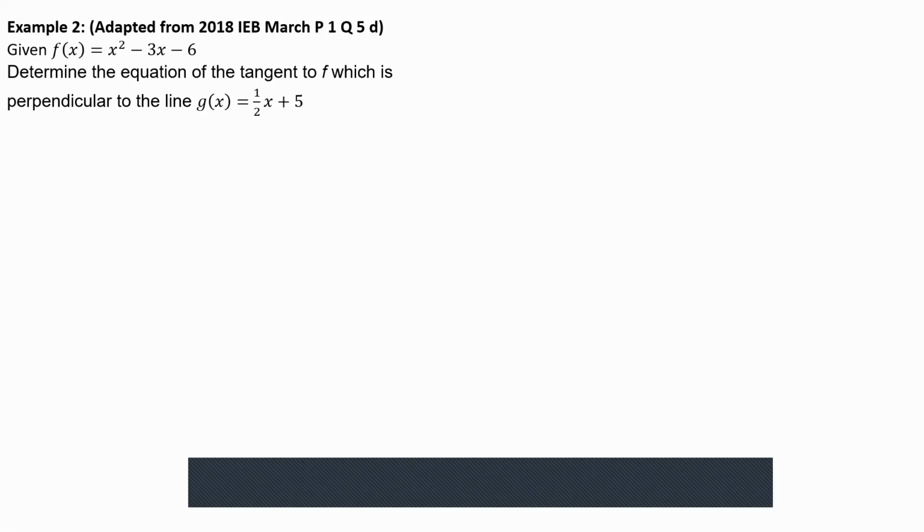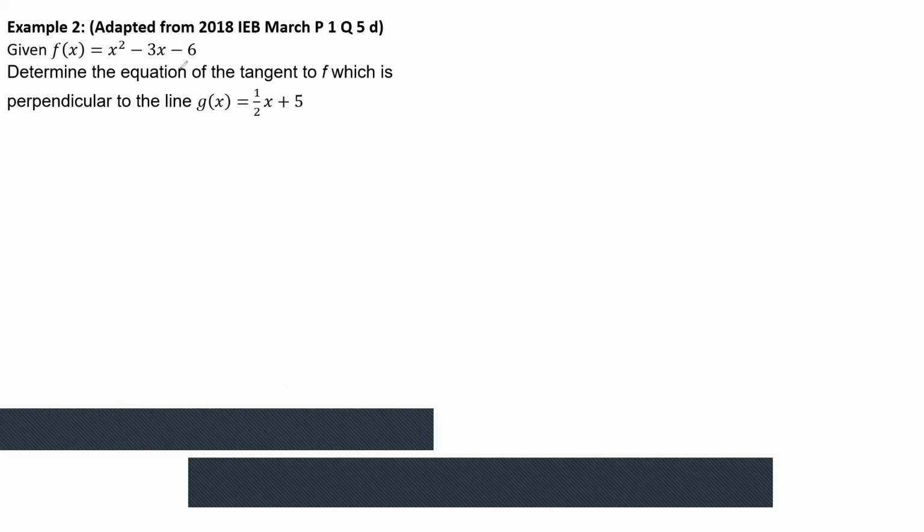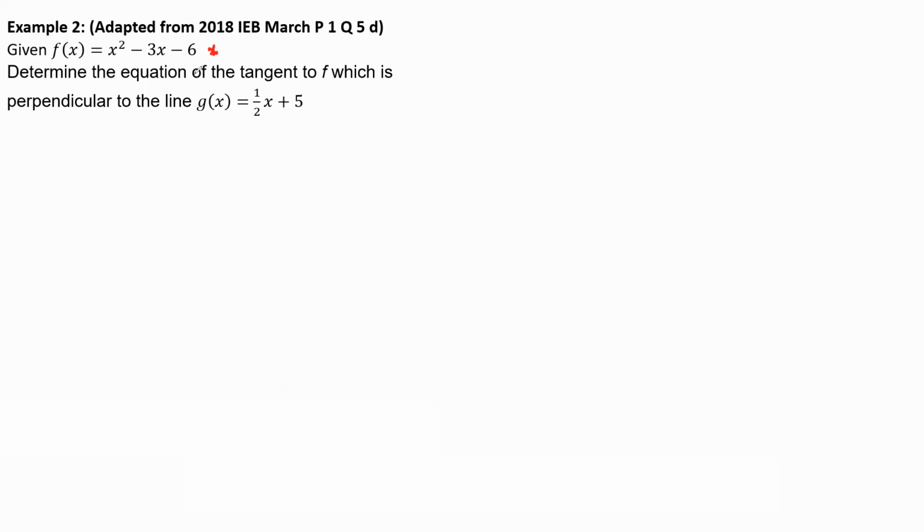Perfect. We're looking for the equation of the tangent. We're given f of x as this. Then we're told that this tangent, whose equation we're looking for, is perpendicular to the line g of x as this. So I need to get this right.